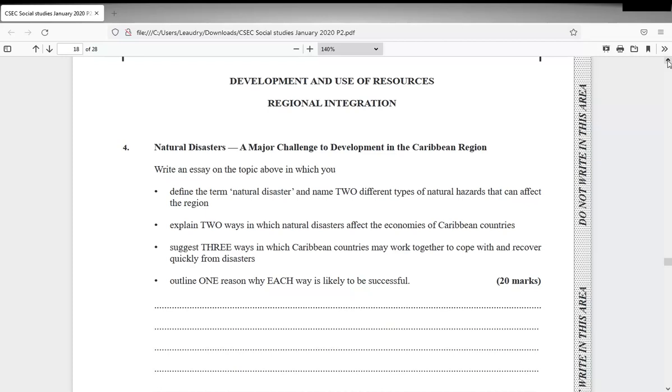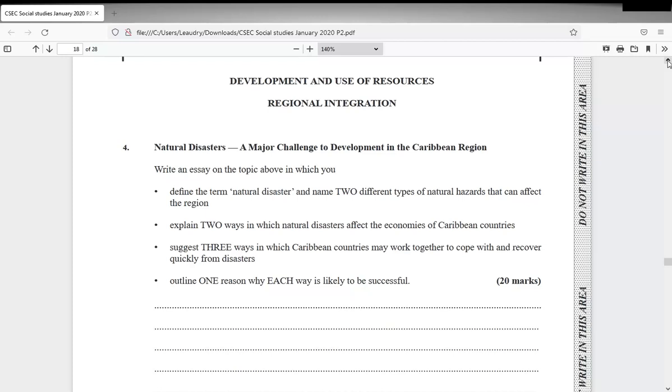Now, another way in which natural disaster affects the economies of Caribbean countries. We know, for example, not just farmers are affected with their crops, also businesses are affected. So places of employment, companies and so on are affected.